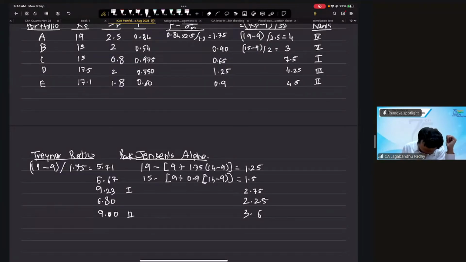Then 9, this will be second. This one will be third, fourth, and fifth.